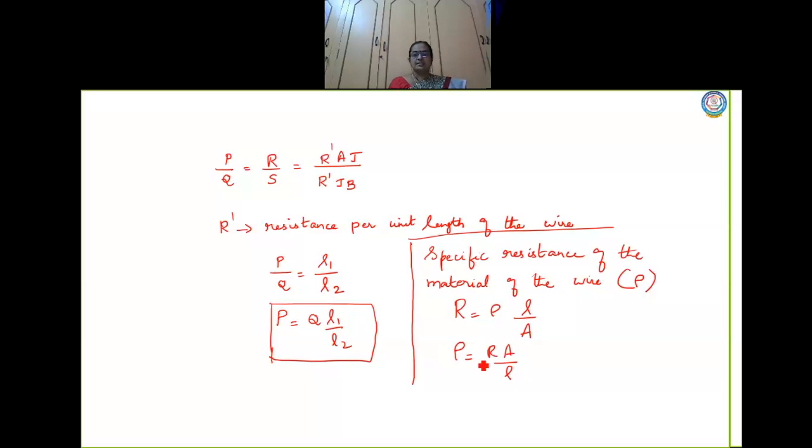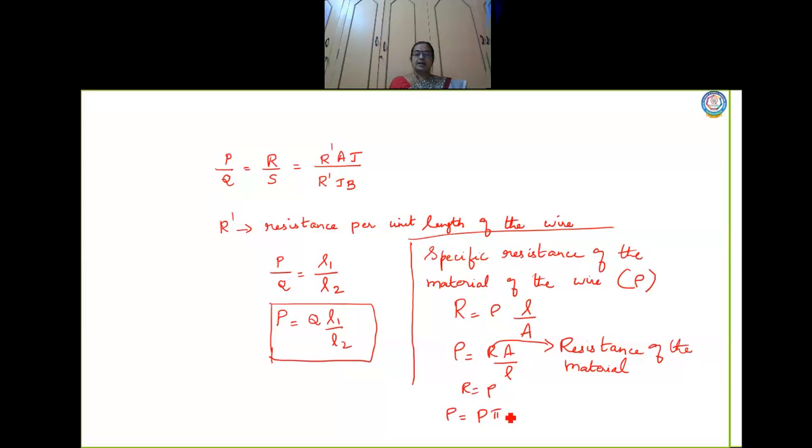Now what is R here? As per this formula, this R is the resistance of the material, yes or no? As far as this equation is concerned, this R is what we have found out now, which is equal to P. So R is equal to P. So instead I can substitute rho is equal to P into area, what is area?